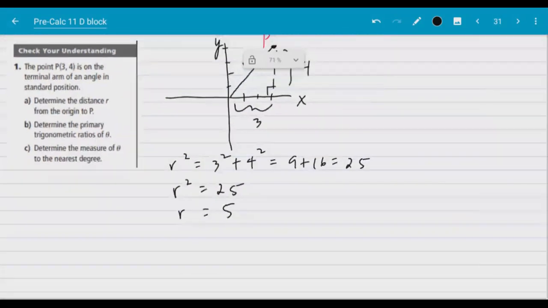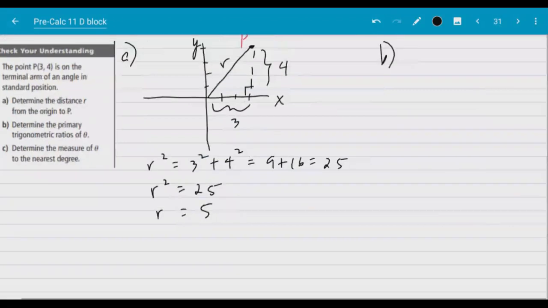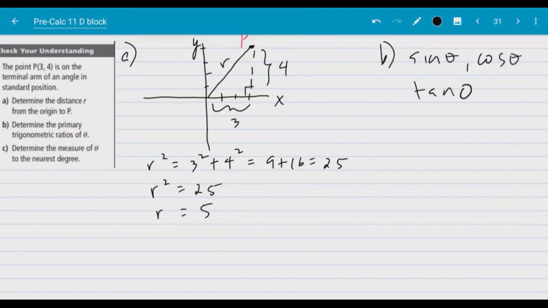Next we do the primary trig ratios. When you talk about the primary trig ratios, it means the three trig ratios that you learned in Math 10, which is sine theta, cosine theta, tangent theta. Those are the three primary trig ratios.